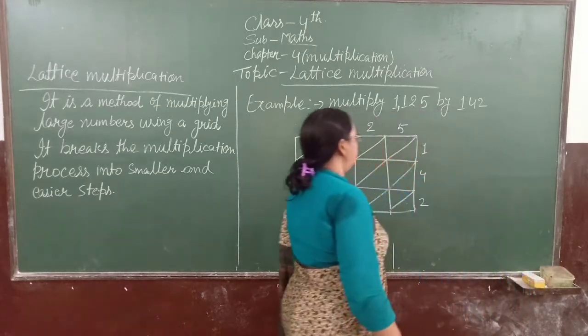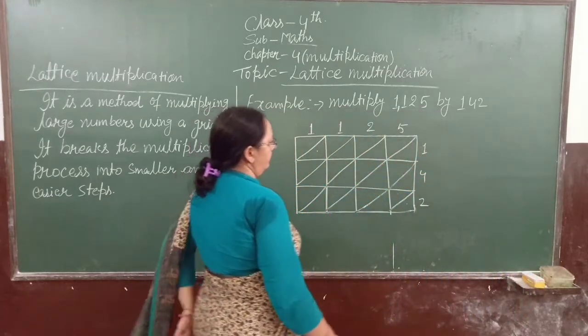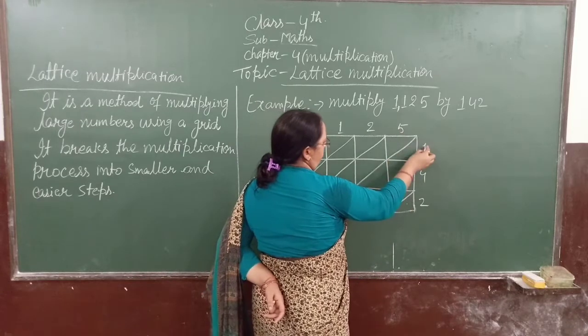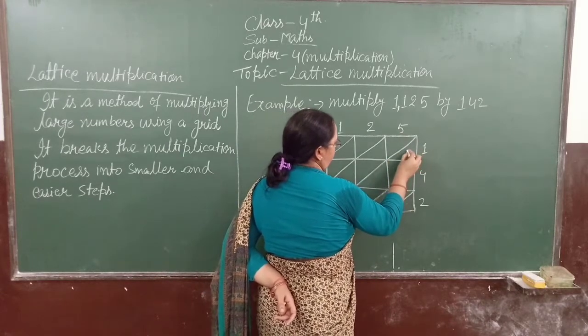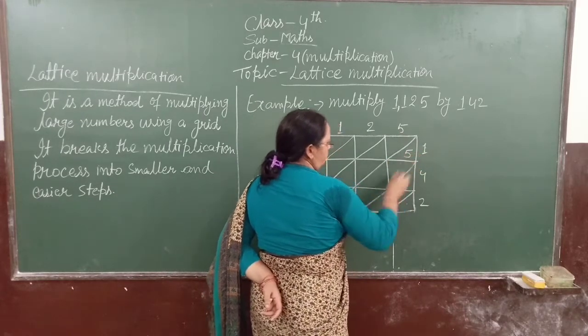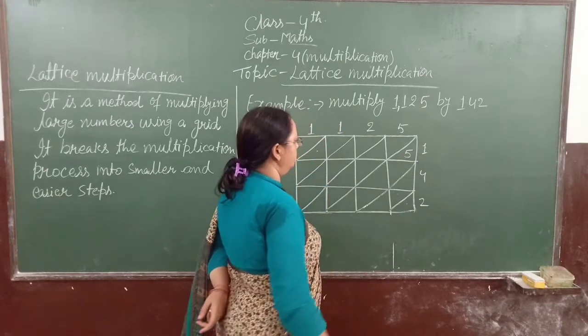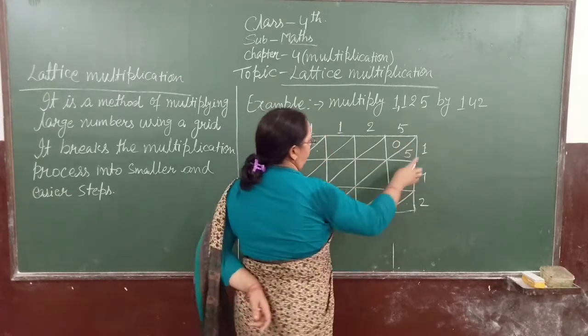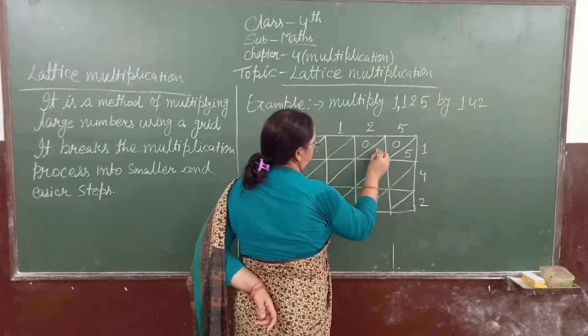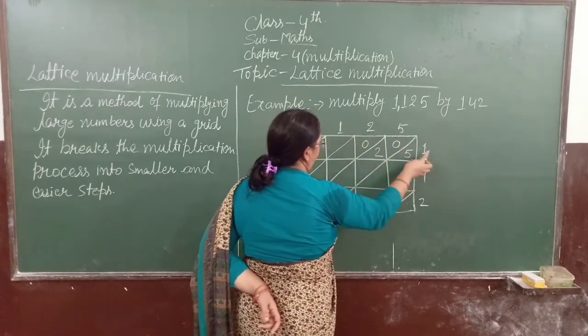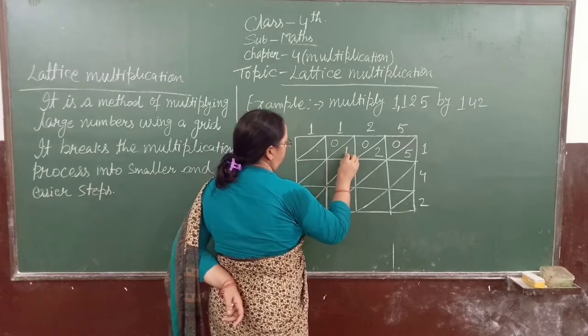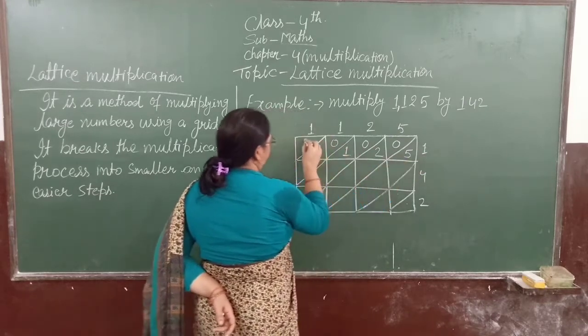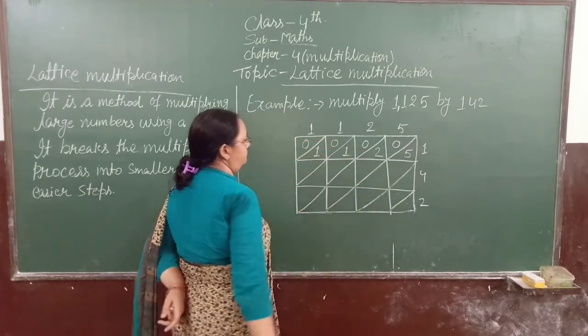So start the multiplication. Now first 5 ones are 5. So 5 is in the ones place digit and tens place digit is 0. 2 ones are 2, that is 0 2. 1 ones are 1, that is 0 1. 1 ones are 1, that is 0 1.